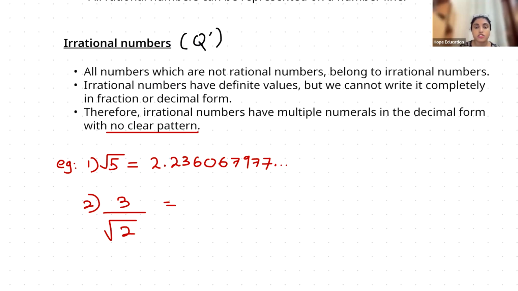So 3 divided by square root of 2, we get something like 2.121320 3435 and so on. The numbers are going on and on. So there is no clear ending that we can find. There must be an ending somewhere at some point, but we can't find it.